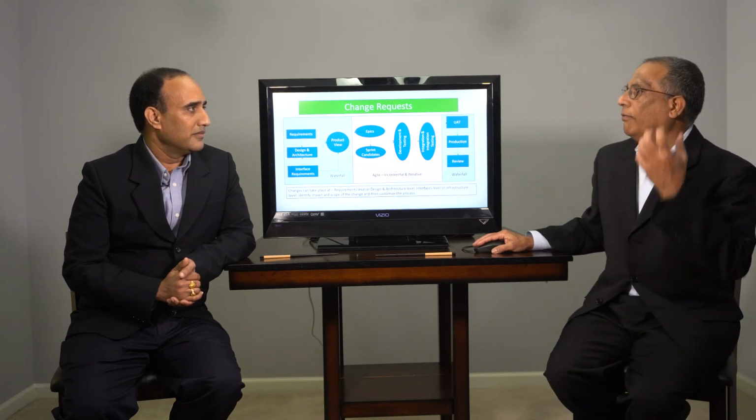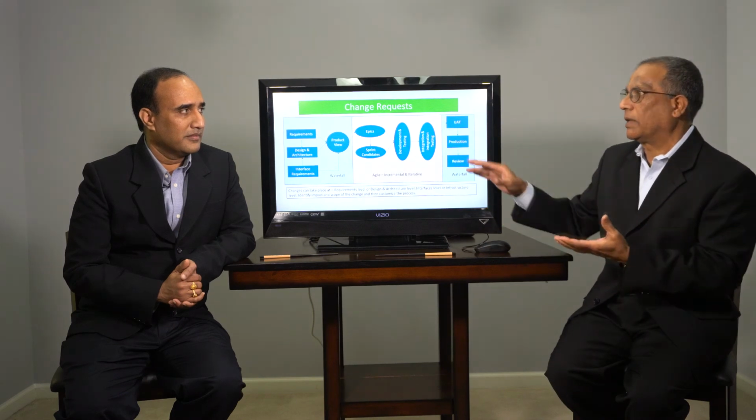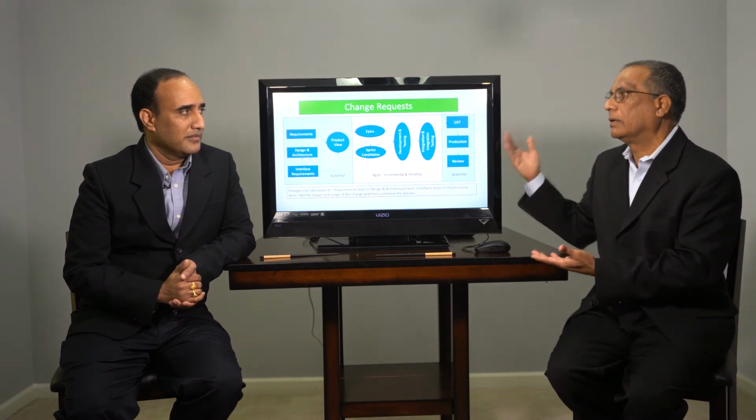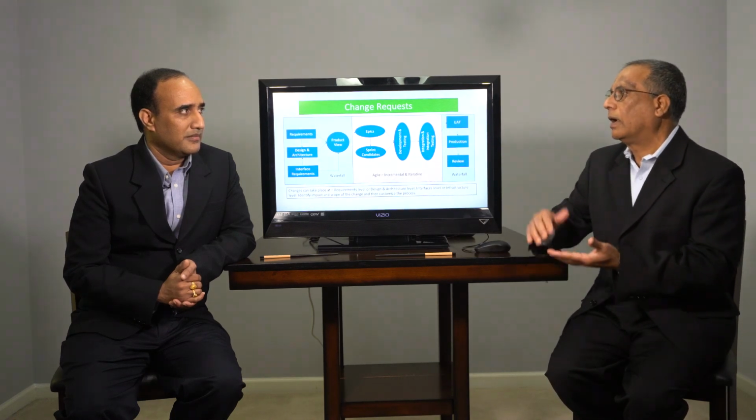Then you have to identify where that change is going to impact. By knowing this is the change, this is the impact, you can customize the process accordingly. So you don't have to use all the deliverables for any simple change. Based on your change, you can customize the process so that you can define your expected deliverables.